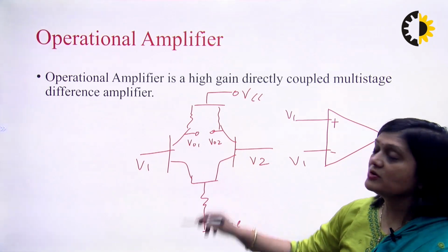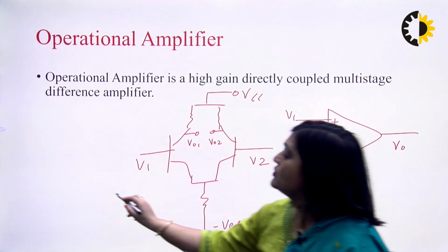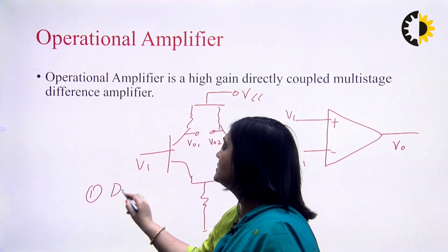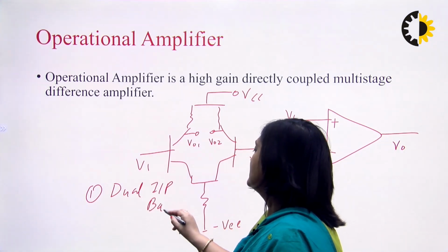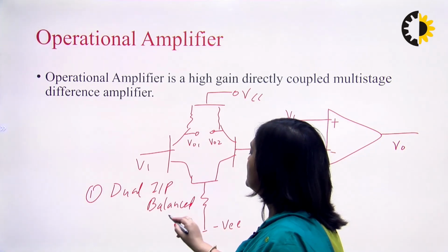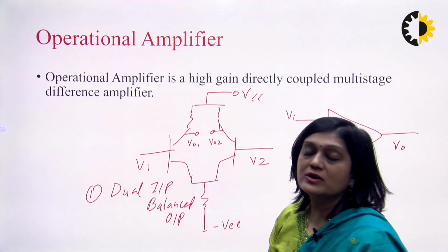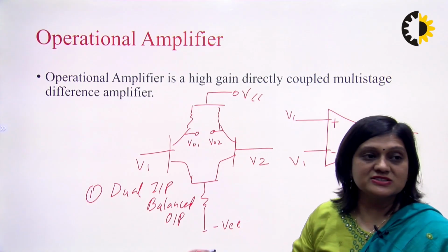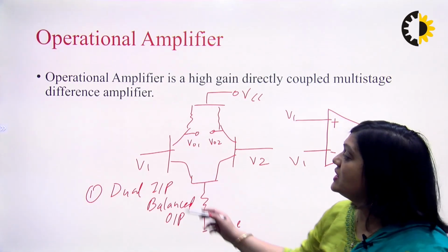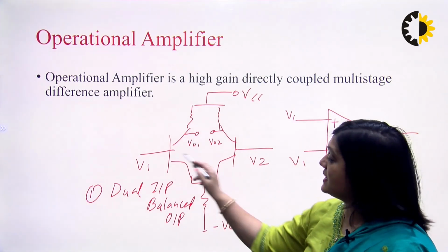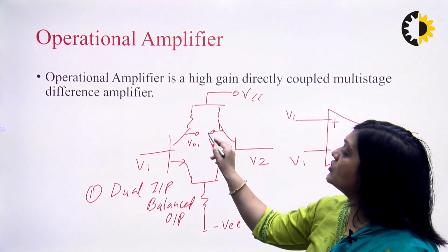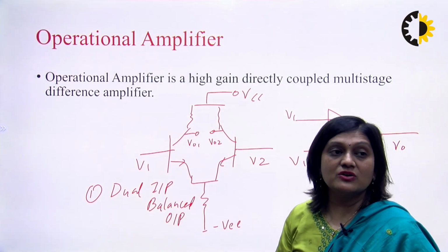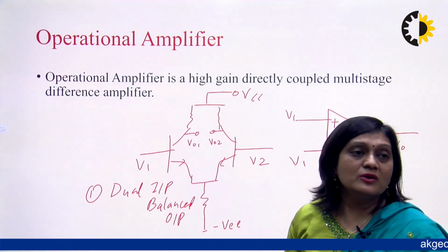Differential amplifier may be of 4 types: dual input balanced output, dual input unbalanced output, single input balanced output, and single input unbalanced output. If we are applying both inputs at these input terminals and taking output at both terminals V01 and V02, then this is called dual input balanced output.